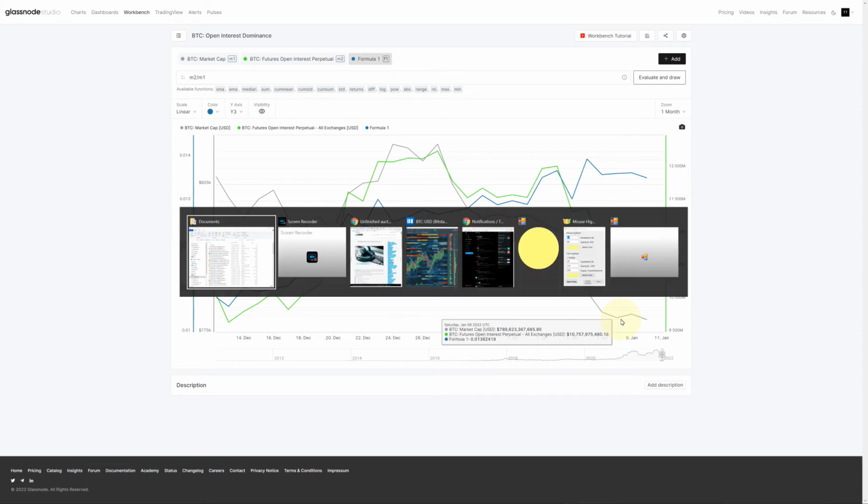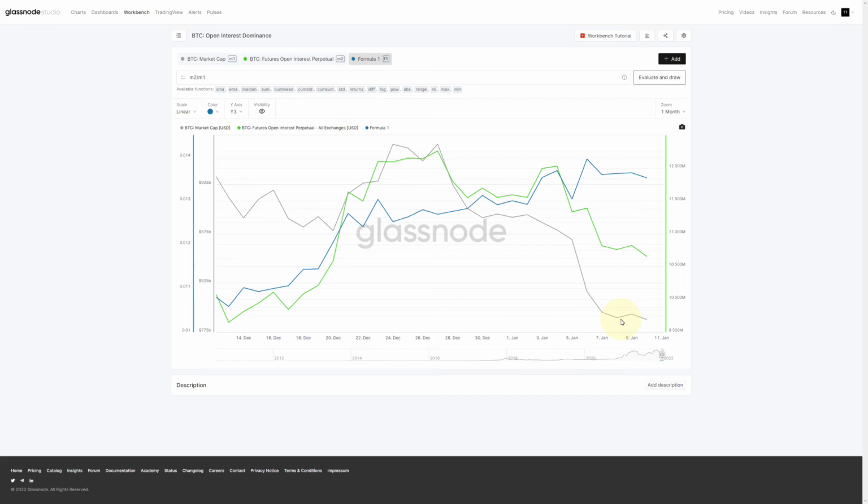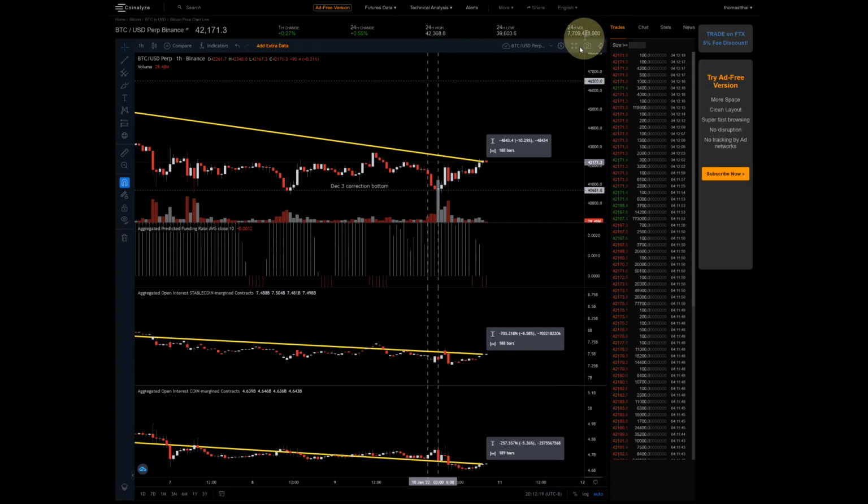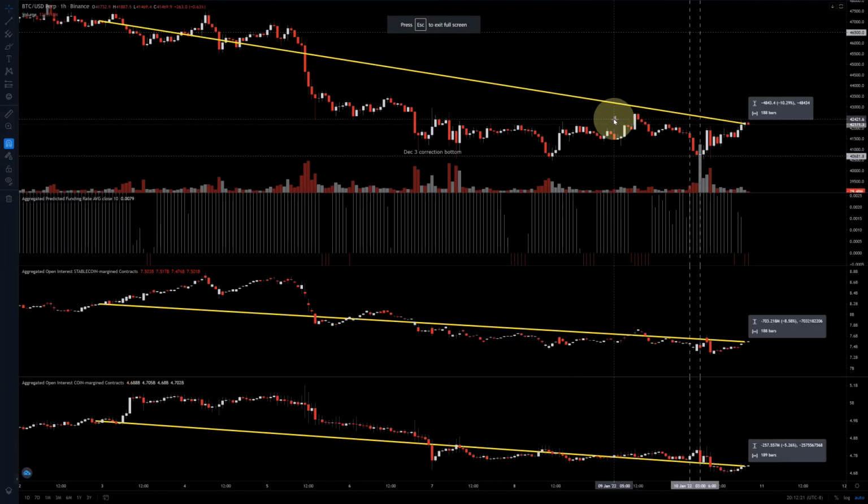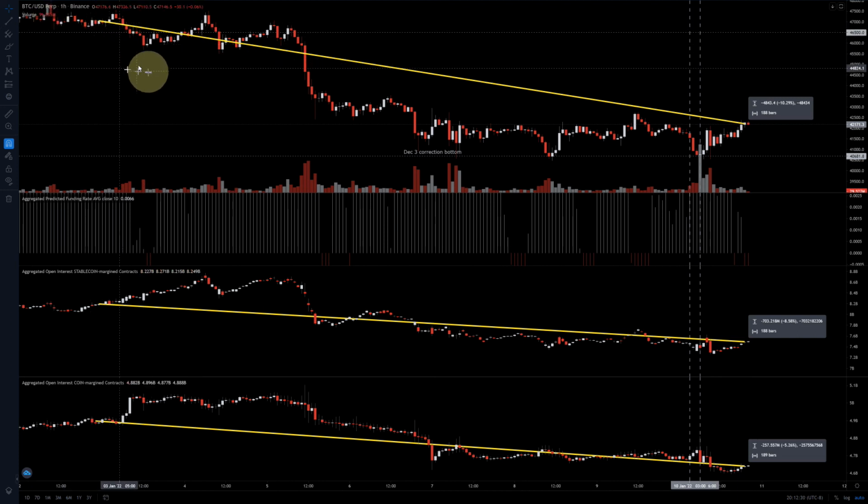So let's take a look at open interest. Here's open interest. This is Binance, the perpetual futures from Binance. Will says 7 days, so I just picked the third and drew a line on the price from the third down to now.